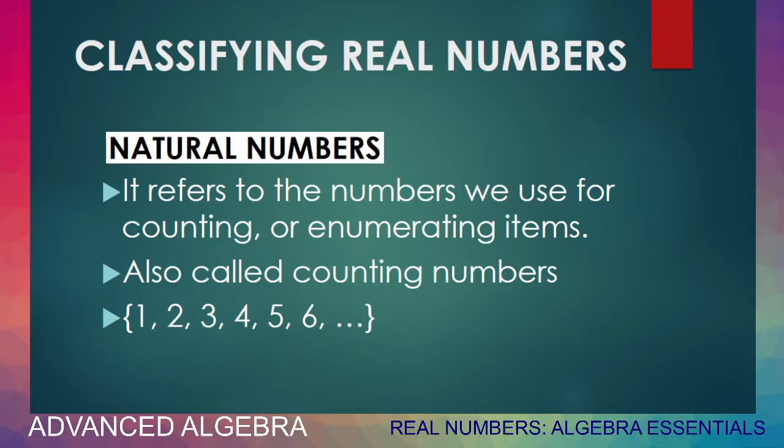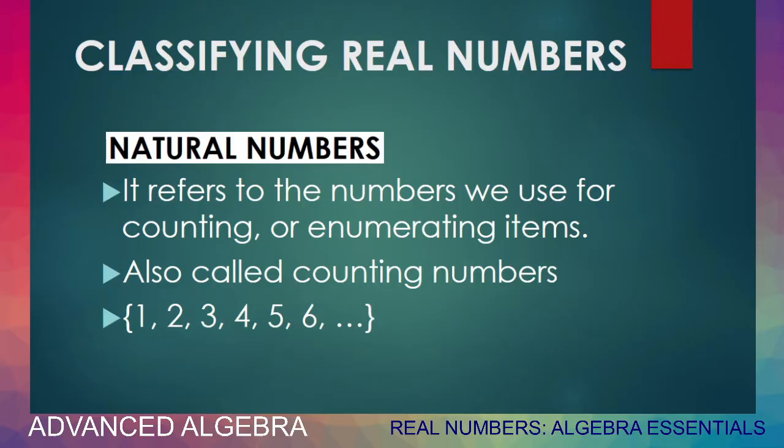So, ibig sabihin, kapag whole number, wala tayong decimal point. So, ibig sabihin, lahat ng numbers natin ay ang denominator lang niya ay 1. Okay, di ba? Sabi ko, denominator ay 1. So, 1 over 1 is 1. So, lahat ng numbers na kinakount natin or binibilang natin, ang tawag doon ay natural numbers.